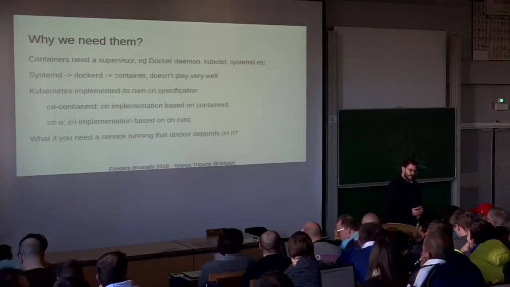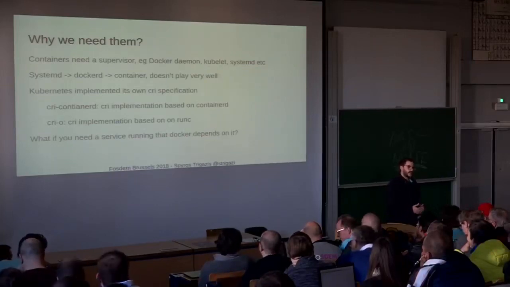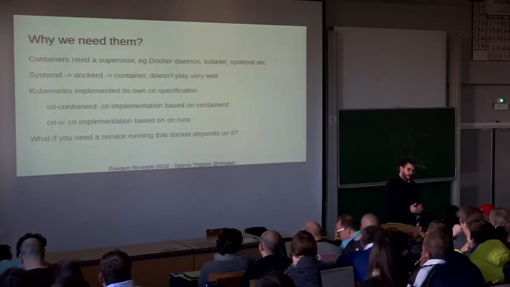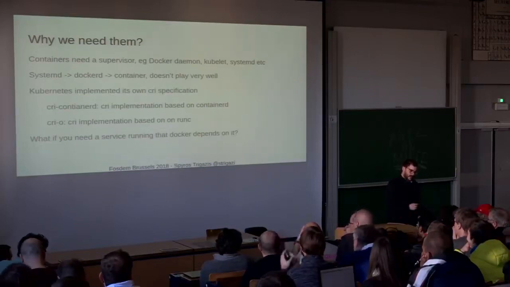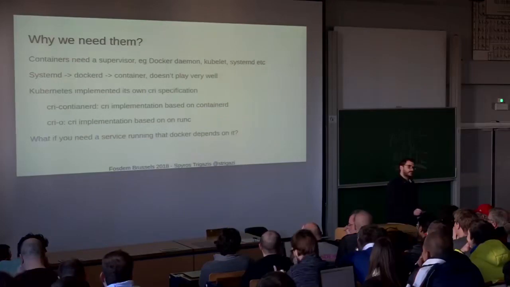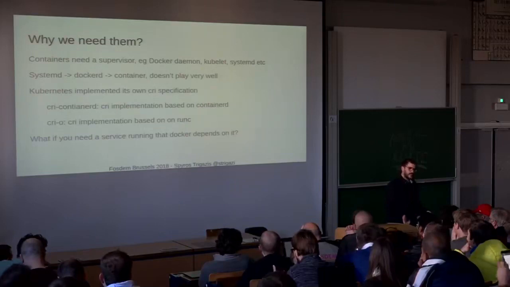One is CRI containerd and the other is CRI-O. containerd is a project of the daemon that is behind Docker now, and it's developed by the Docker team and other contributors. And CRI-O is another implementation of the CRI specification that was implemented initially by Red Hat and other contributors, and it was based on the previous design of Docker.